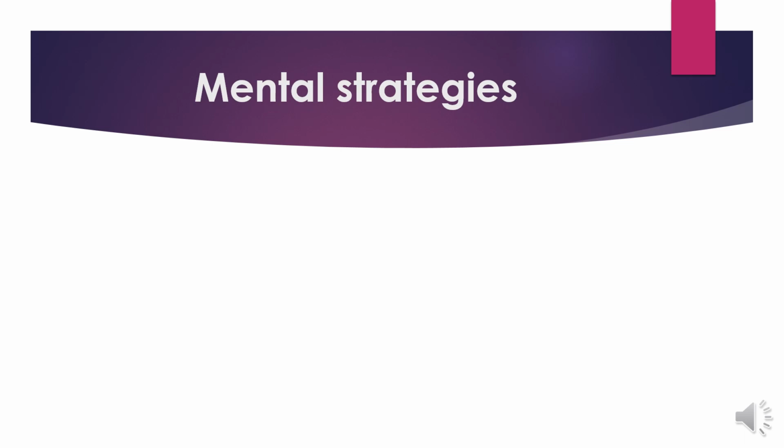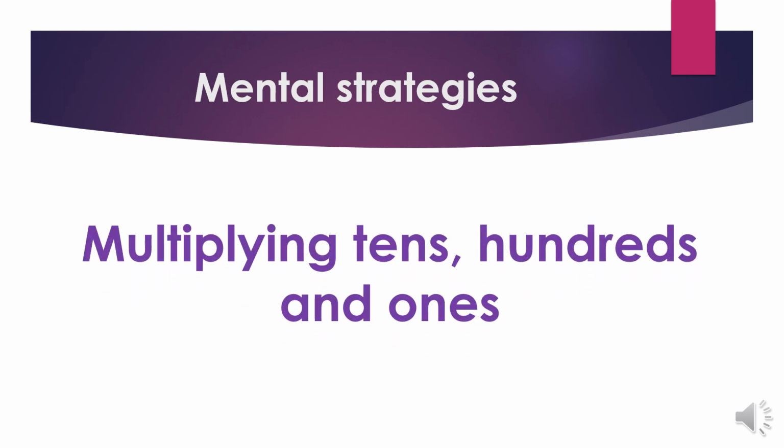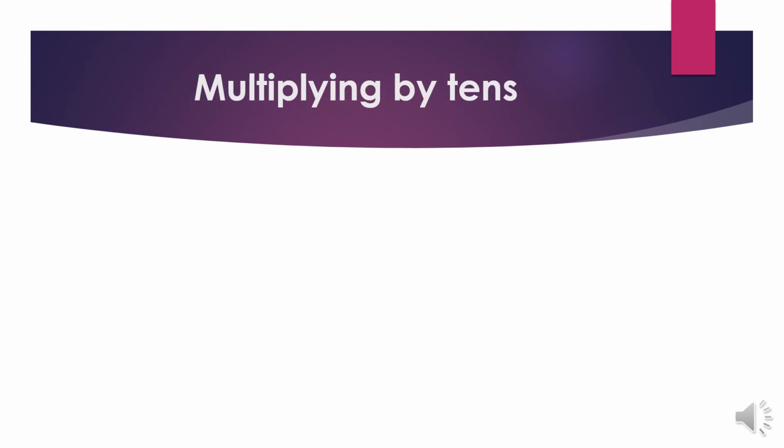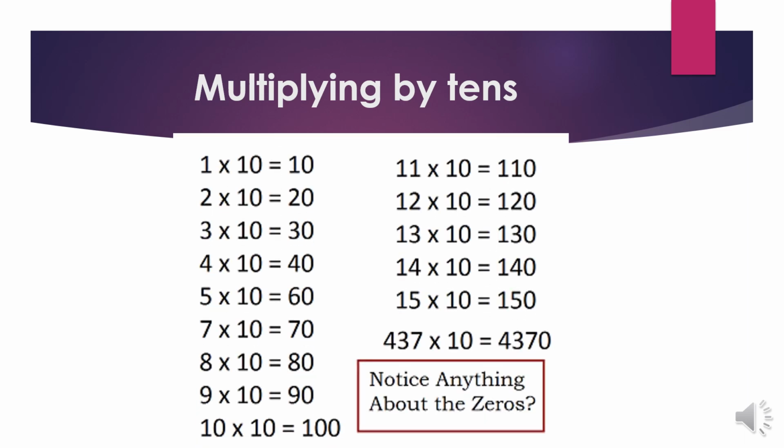Next mental strategy is multiplying tens, hundreds, and ones. Now let's see how it will work. First of all, multiplying by tens. Let's check what is multiplying by tens. If you are multiplying any number by 10, the answer will be the number and the 0.